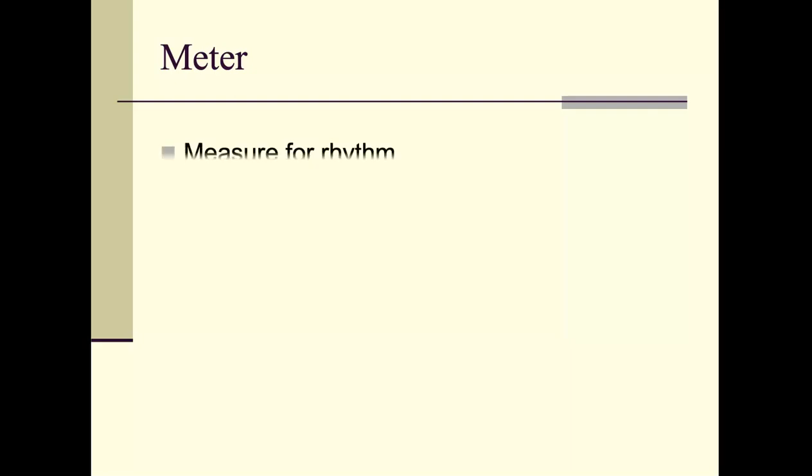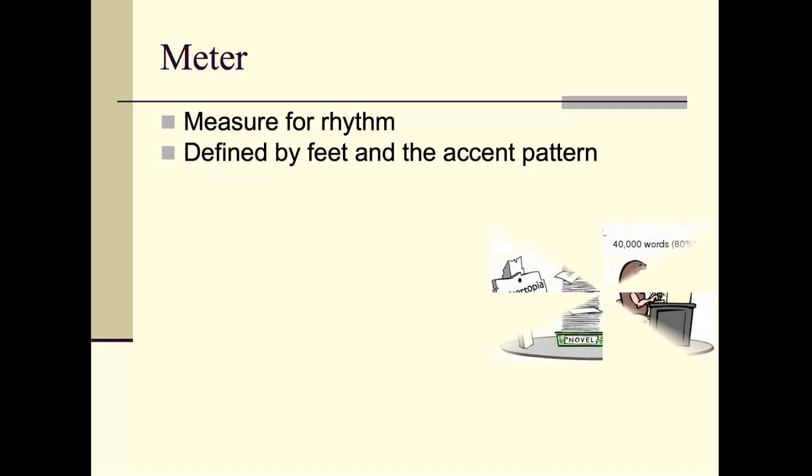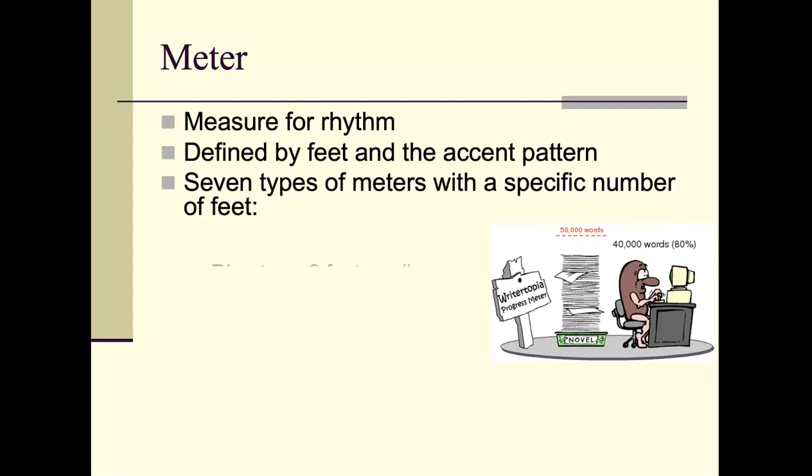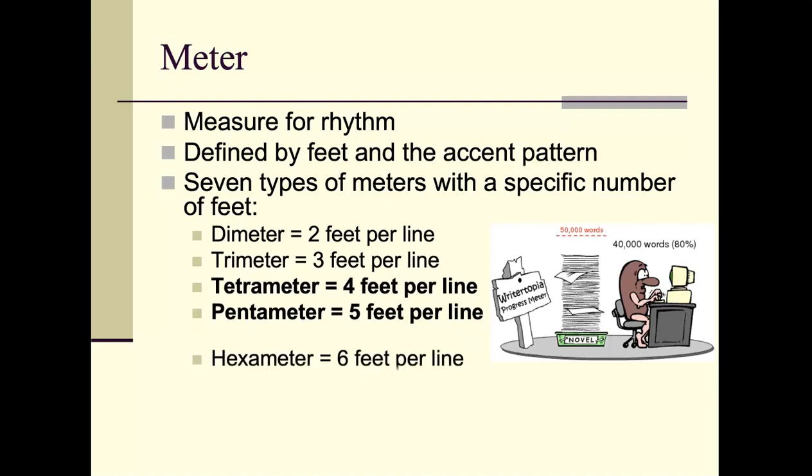Now, in terms of meter, meter refers to the measure of rhythm in a poem, and meter is usually defined by feet and the accent pattern within those feet. And there are 7 types of meter with a specific number of feet.